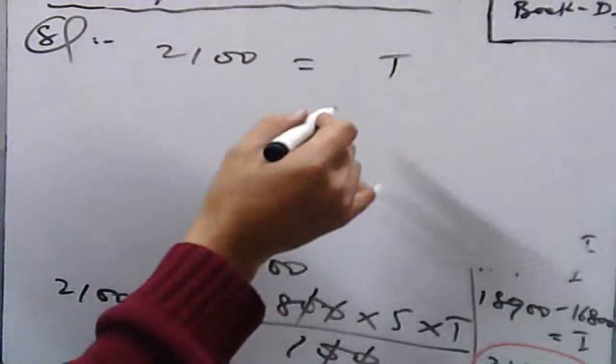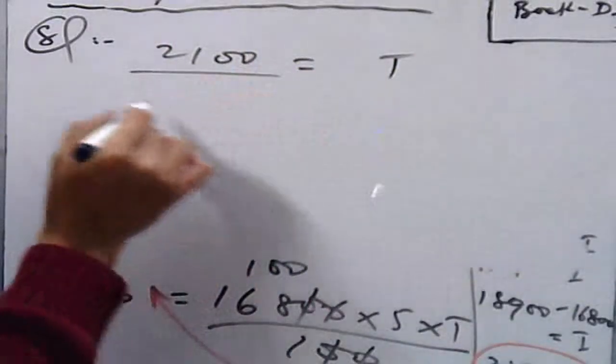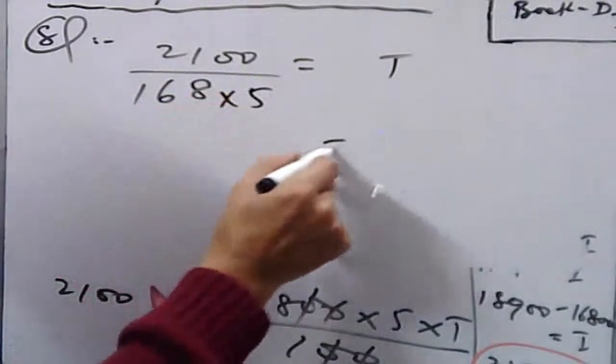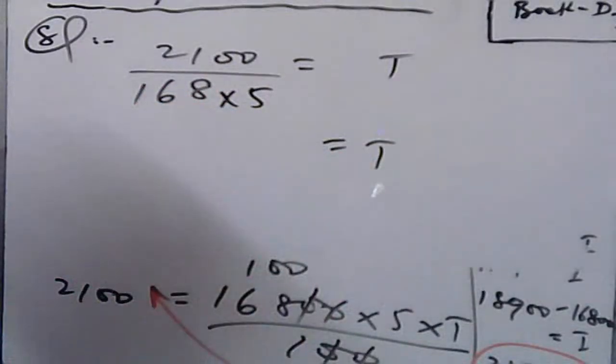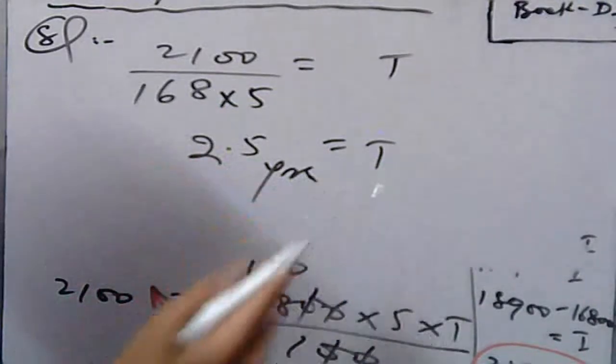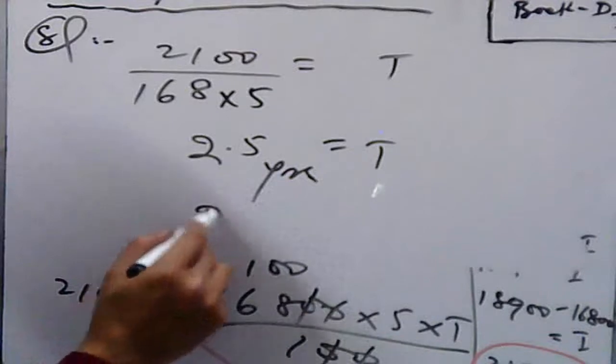So the value of T is 2.5 years. You can write as 2 whole 1/2 years. You can write in whole number also. So that is your required result.